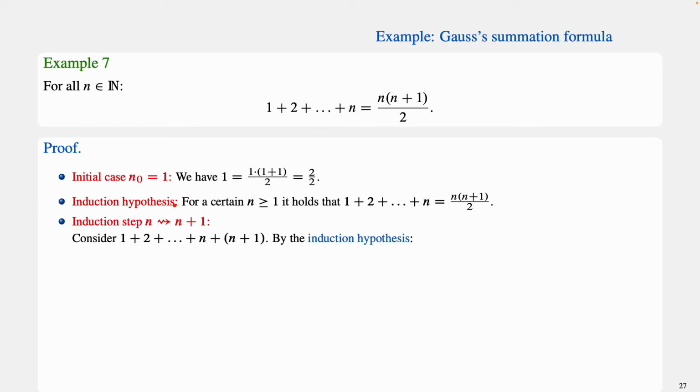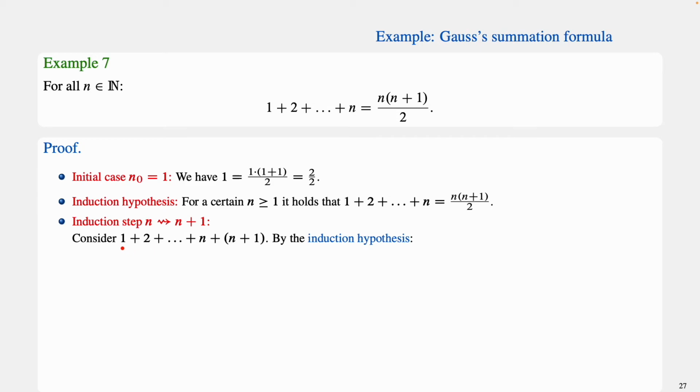And now, having made this assumption here, we want to prove that the formula also follows for n plus 1. So I write this somewhat laxly here, n squiggly arrow to n plus 1, so this doesn't have a deeper meaning, it just means that I take the induction step, assuming the statement to be true for n and wanting to prove it for n plus 1.